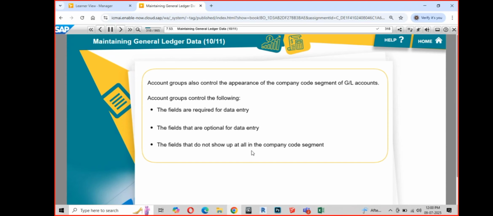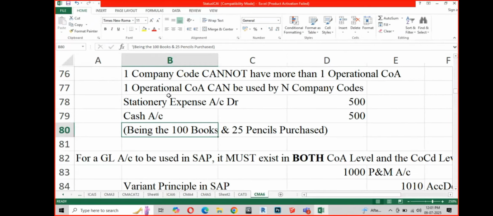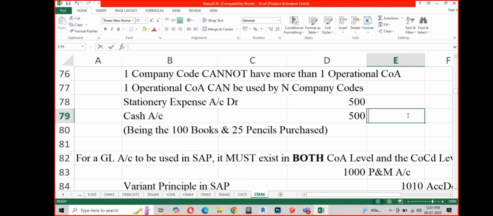Now I want some information not to show up at all. For example, in this particular transaction, I'm paying 500 rupees by cash. If it asks me for the bank account number, is it logical? What does the bank have to do with the cash? I'm not paying a check, right? I'm giving it through petty cash. Correct.